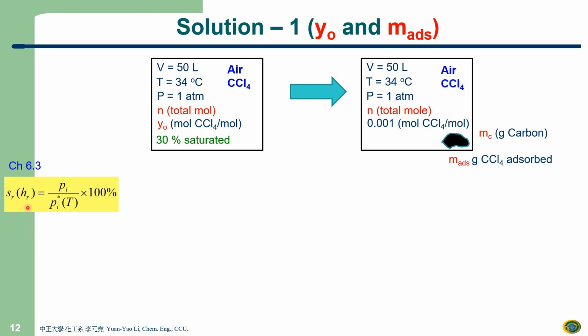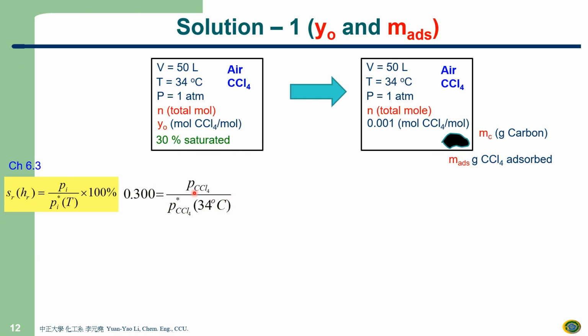In the very beginning, you need to know the definition of the relative humidity, or relative concentration, which is Pi divided by Pi star, a function of T. This i is carbon tetrachloride. So SR will be 30%, which is 0.3, equal to P, the partial pressure, divided by the saturated partial pressure of carbon tetrachloride at 34 Celsius.